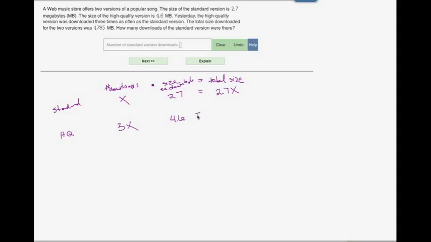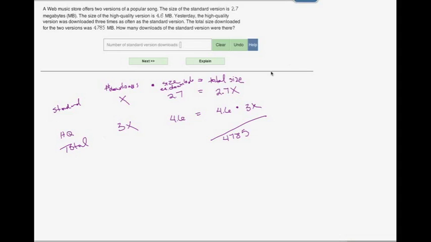And 4.6 times 3x is the total size for the high quality. And the total size downloaded for the two versions was 4,785 megabytes. And that is the total.